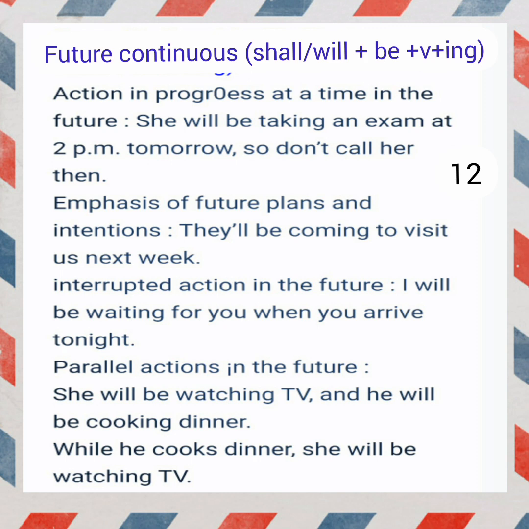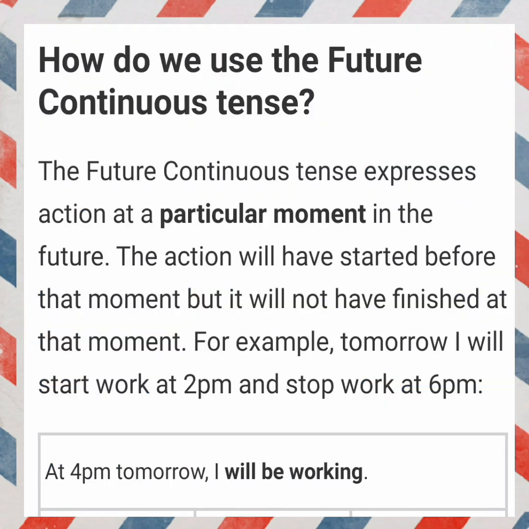Then, parallel actions in the future. She will be watching TV and he will be cooking dinner. While he cooks dinner, she will be watching TV. These are the future continuous tense. How do we use the future continuous tense?